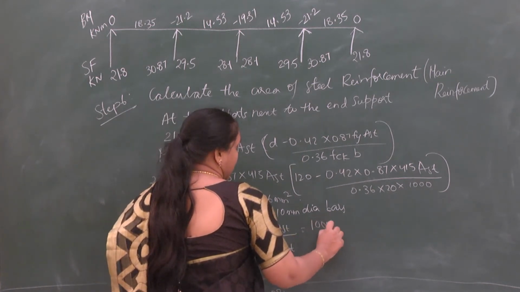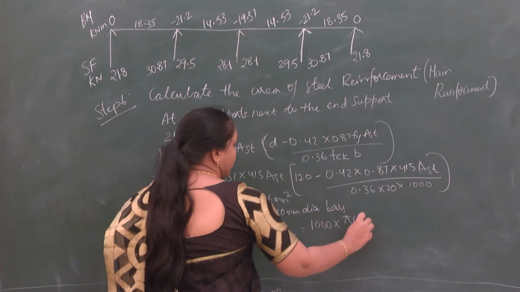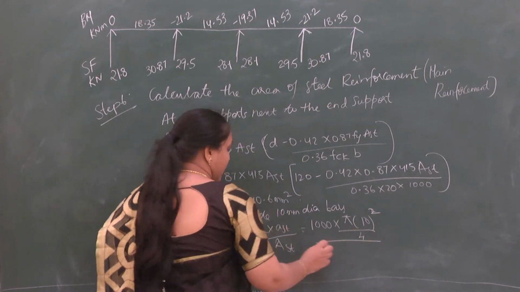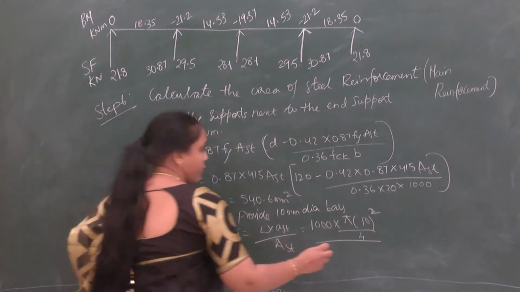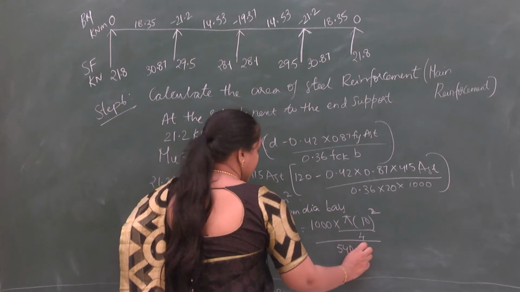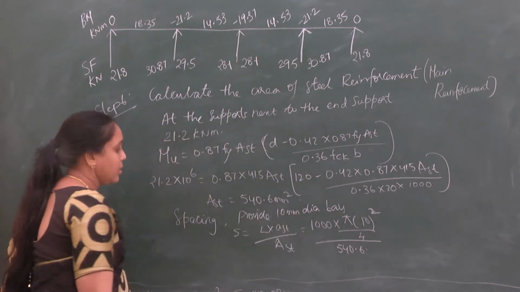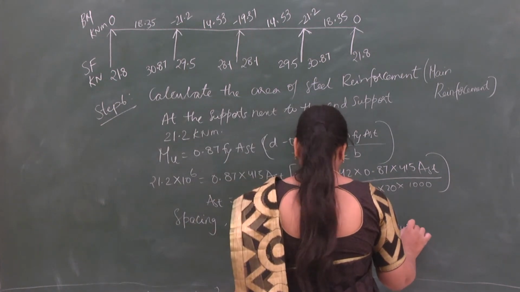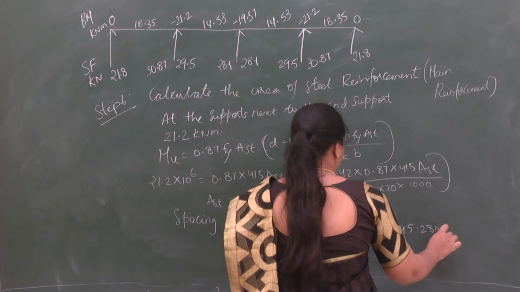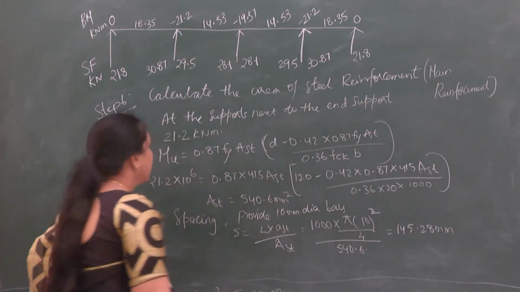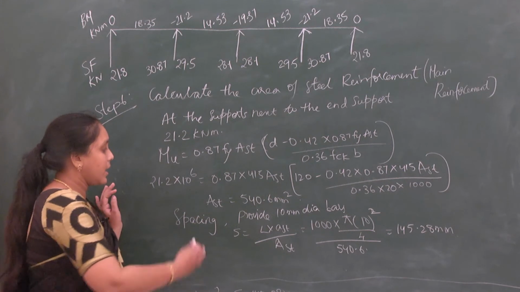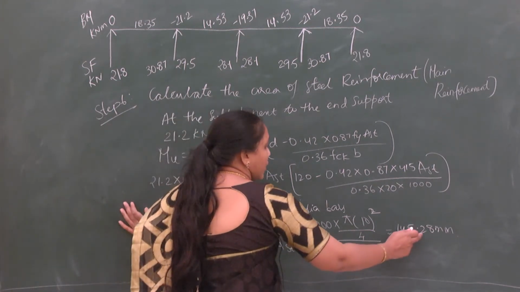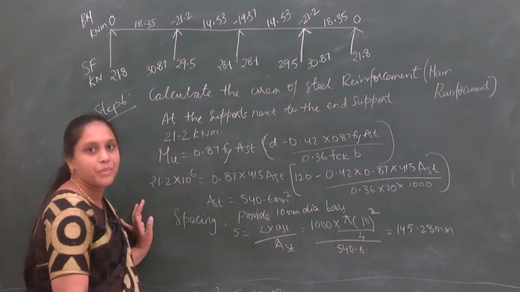L is 1000 into small AST, which will be pi into D square by 4, where D here is 10, whole divided by the AST, which here is 540.6 mm square. If you solve this, you will get a value of S as 145.28 mm. So this is our AST, which is 540.6 mm square, and the spacing required is 145.28 mm center to center.